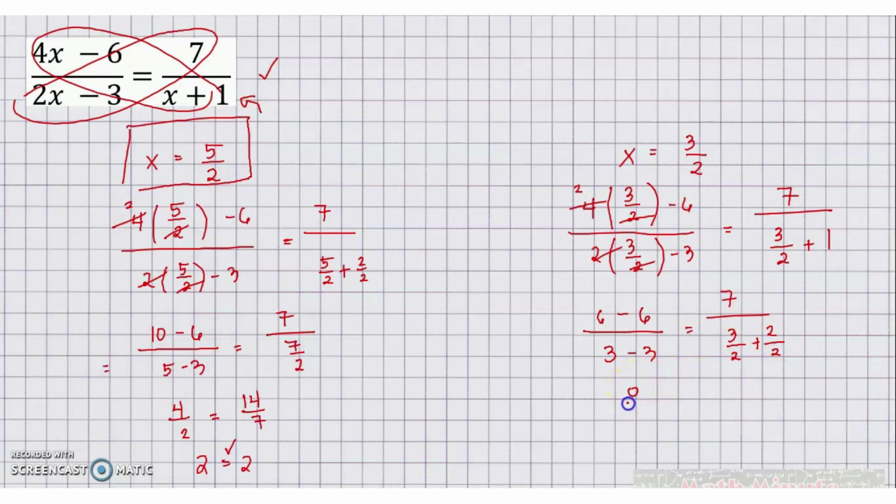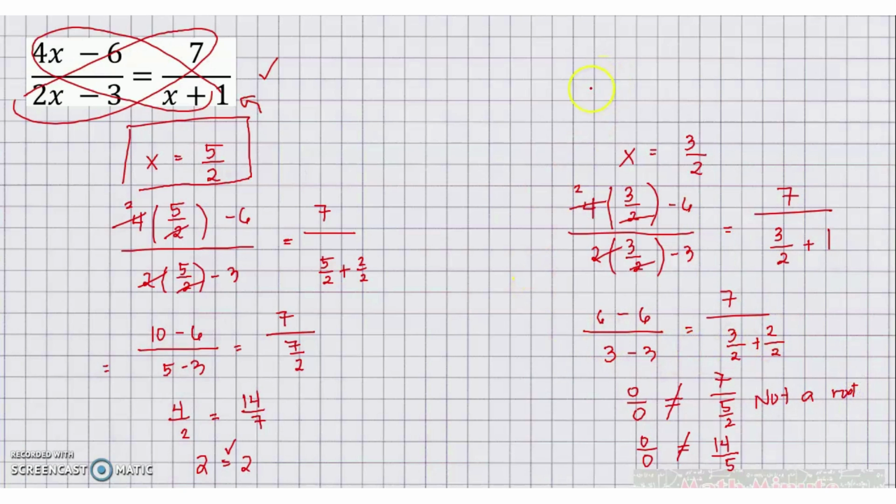So this will be 0 over 0 is not equal to 7 and 5 halves. So as you can see, we already have indeterminate form here. So 0 over 0, that will not be equal to 14 over 5. So meaning 3 halves is not a root.